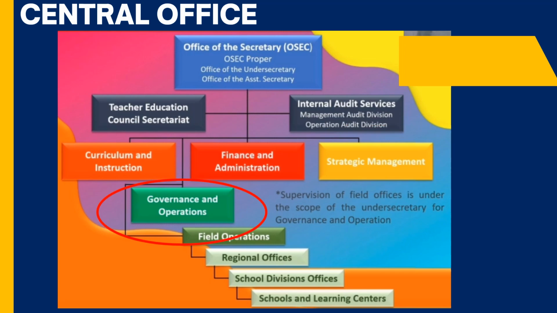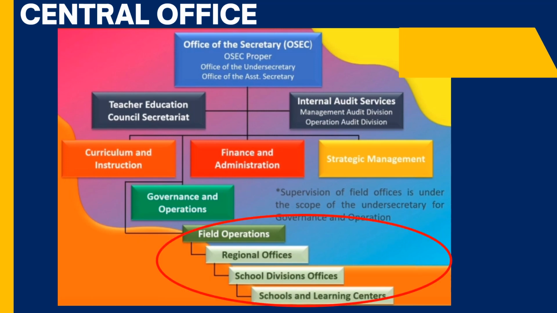For the governance and operations, this strand ensures the capacity of the organization to continuously improve and be strategic in managing the environment for which teaching and learning takes place. In accordance with Republic Act 9155, the Secretary of Education delegates the supervision of field offices, the regional offices, schools division offices, schools and learning centers, to the Undersecretary supervising the governance and operations strand.